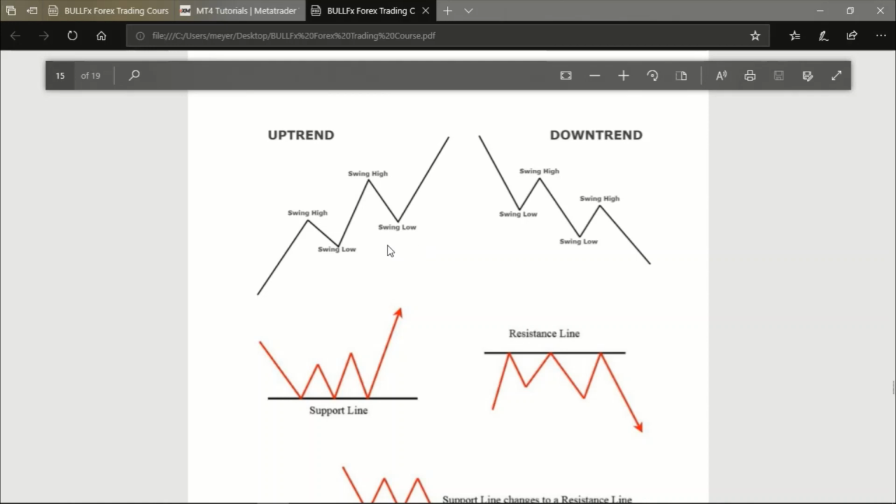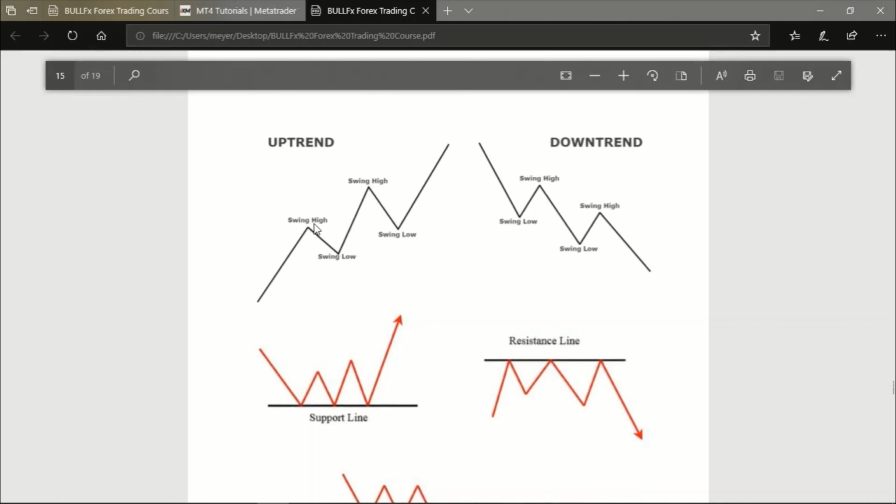So we've got an uptrend and downtrend. As we can see over at this point where the cursor is at, the market starts moving up to this point over here. This is known as the initial swing high, right? This is a low point and that is a high point, so the market is swinging up high.